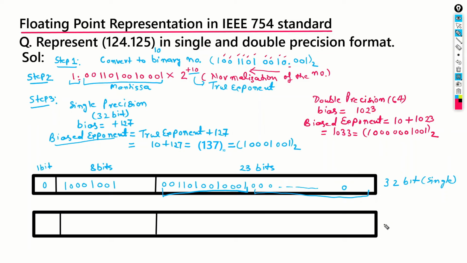So how to represent it into the 64-bit format or double precision format? 1 bit is reserved for sign, 11 bits are used for biased exponent, and 52 bits are used for mantissa. So the number is positive. The first bit will be set to 0. Now how many bits are there? 4, 7, 10 or 11. So I will write all these 11 bits here.